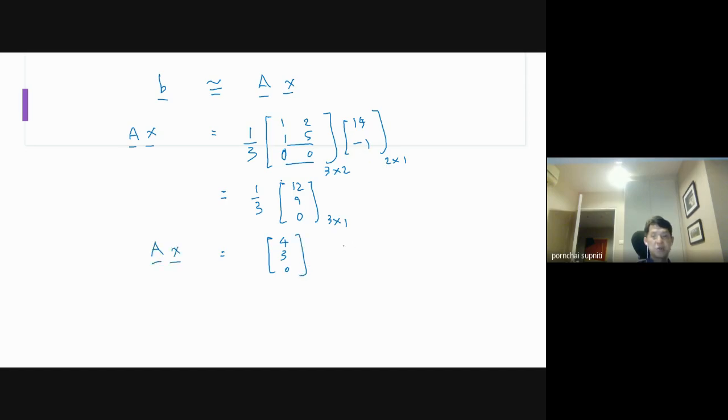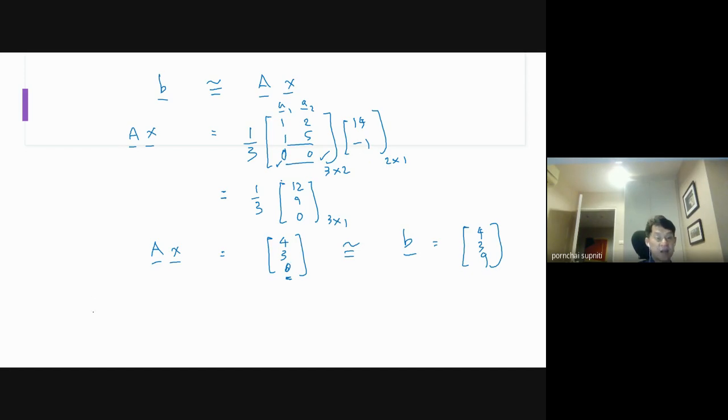Which is used to approximate b. It's not equal to b, and you notice that b is 4, 3, 9. But in this case a1 and a2 don't have a last element, it is 0, so that's why when they approximate, you get 0 here.